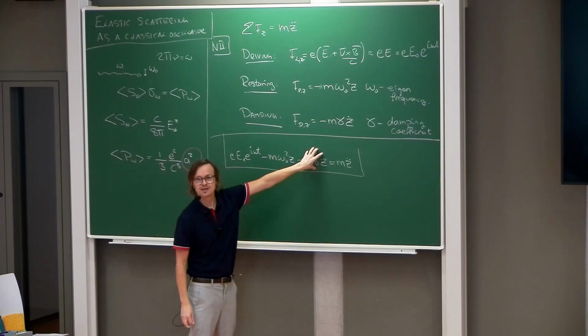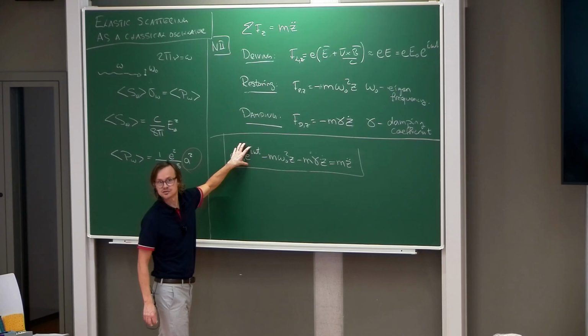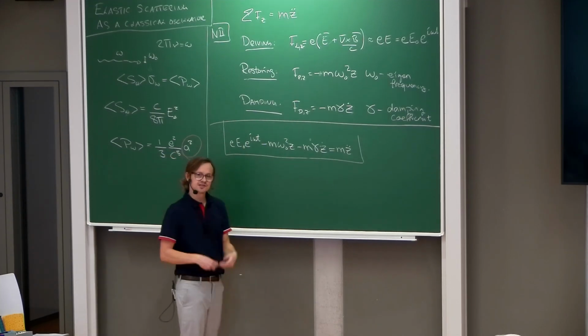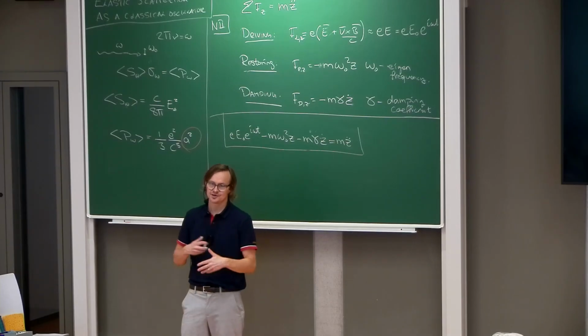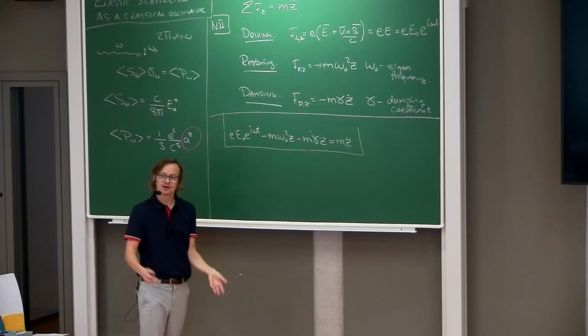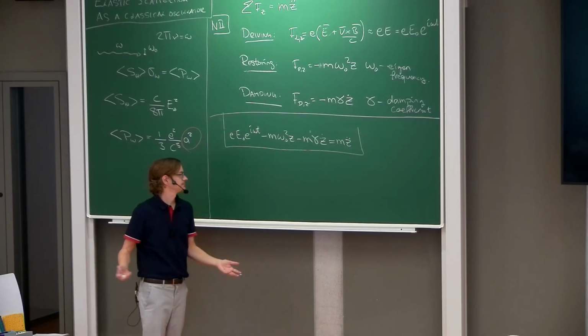Now, here's your damping term, and here's your driving force. So what we're going to see is that we can analyze this system completely, in principle, analogous to how we analyzed this in our classical mechanics course.